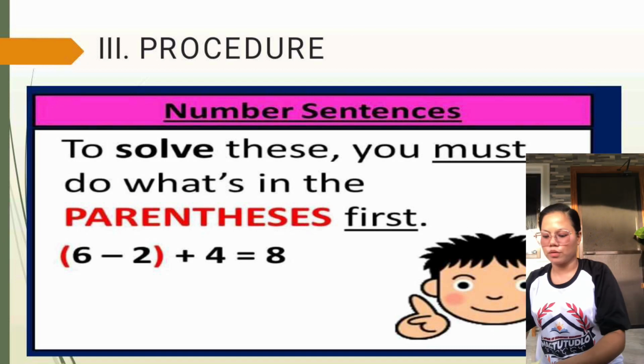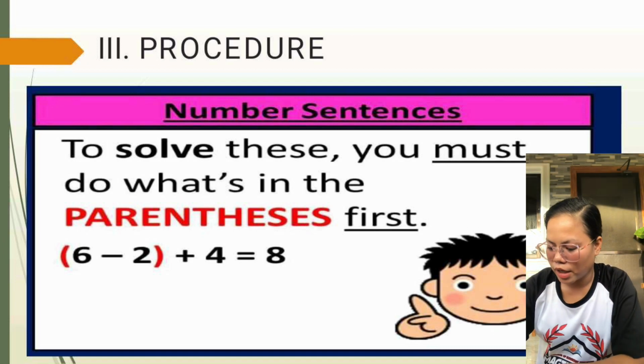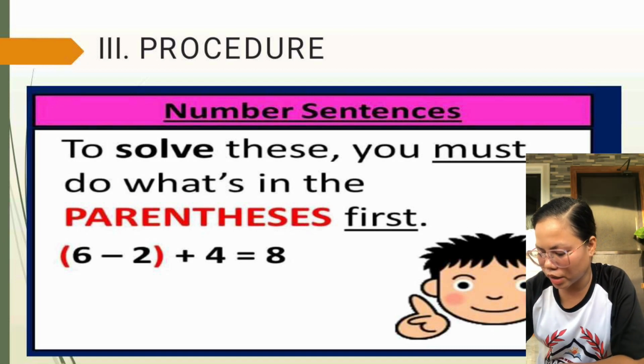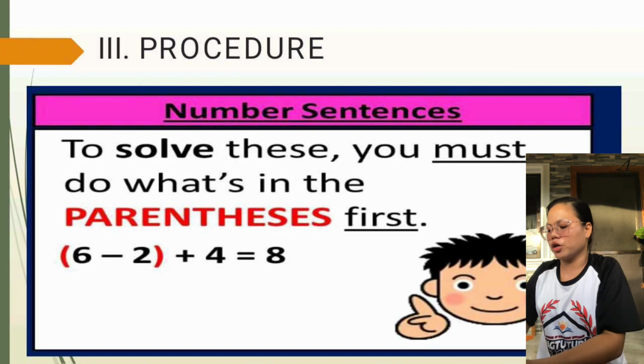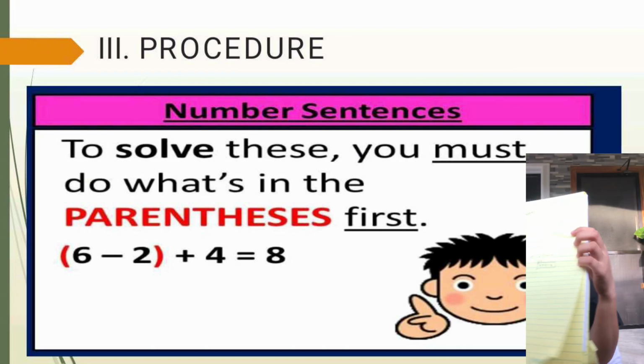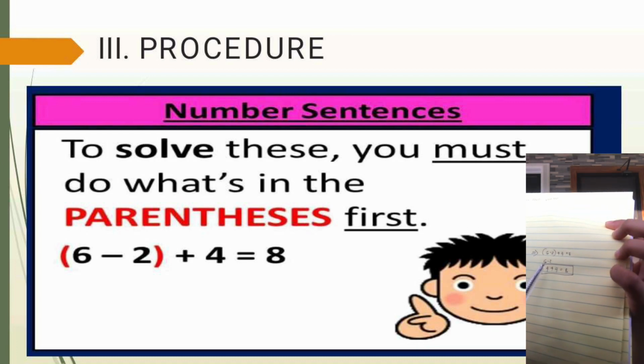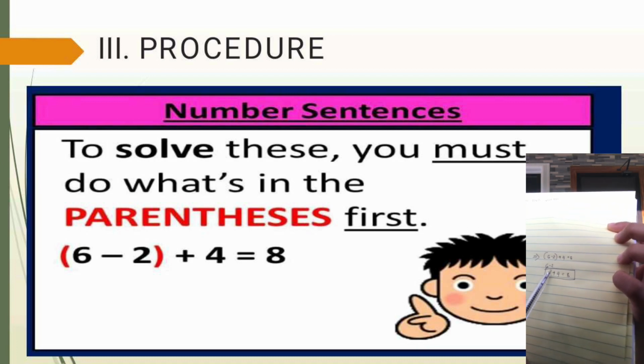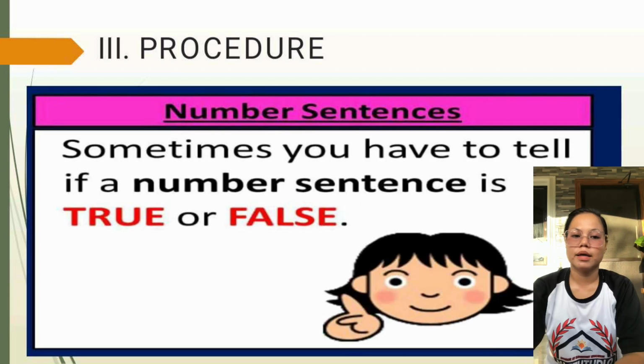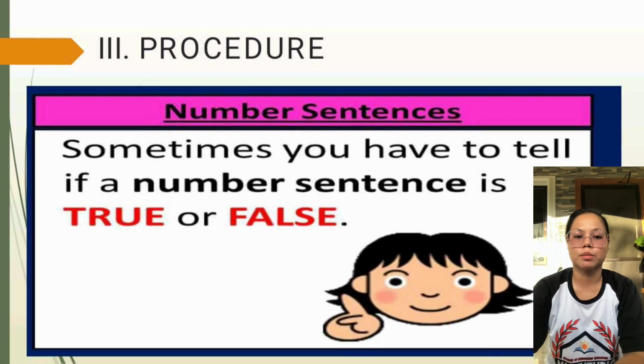So you have to get the answer of 6 minus 2, which equals 4. Copy the rest: 4 plus 4 equals 8. Then sometimes you have to tell if a number sentence is true or false.